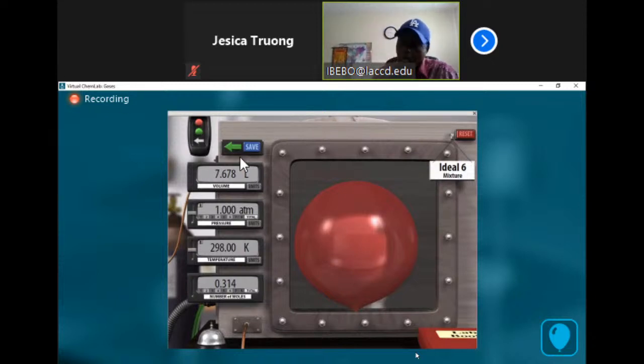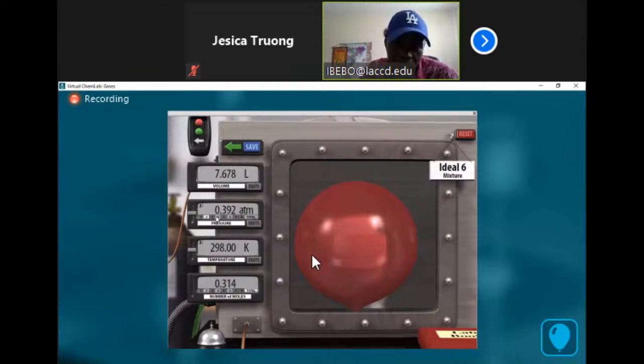All right, so do not worry, because if you look at the dial that says atmosphere, it will show you the gases that you are working with. The gases are 2, 4, and 6. If you click on 2, it would show you the pressure that the first gas added.